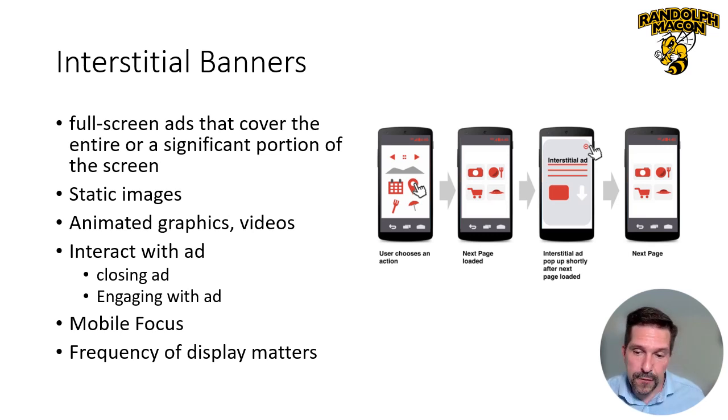And they can take different forms. It could be static image or it could be graphics and video, etc. In almost all cases, they are interactive, meaning that you typically give the user the possibility of closing the ad, although maybe you have a minimum time that is forced, like for example 3 or 4 seconds, and then there is the possibility of closing.